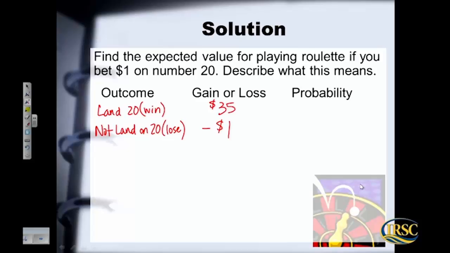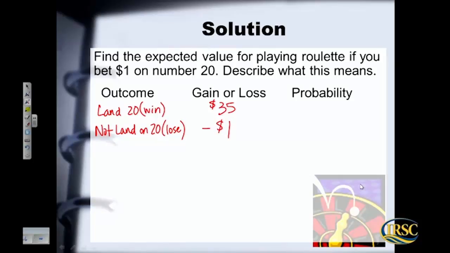Okay, what is the probability of landing on 20? One out of 38 is correct. Good. You had to read the problem carefully because it says it could either land on 20 or any of the other 37 slots. So how many total possible outcomes are there? 38.